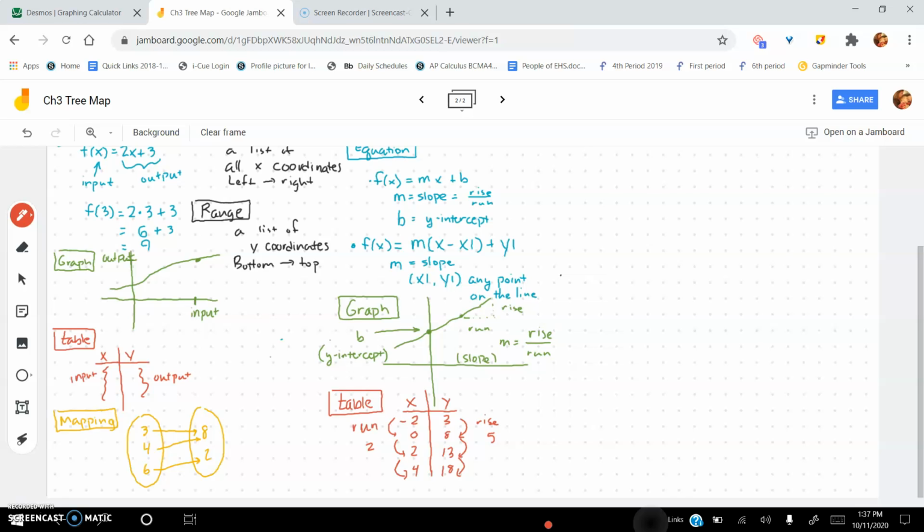So you can tell from the table that you have a slope that is the rise over run, or 5 halves for this table.